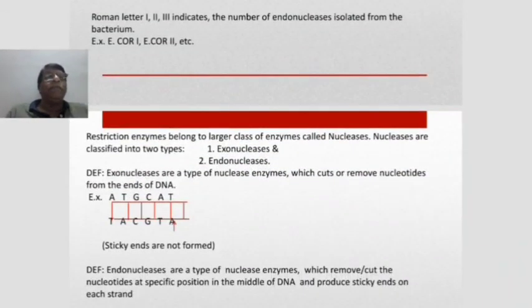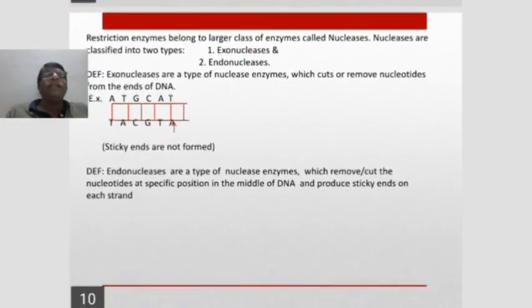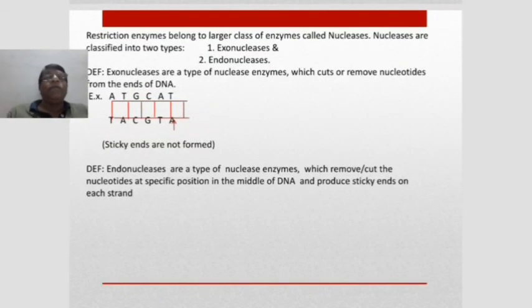Next we shall see how these enzymes function. Functioning of the enzyme is also very, very important. Why do we call them restriction enzymes? Restriction enzymes belong to a larger class of enzymes called nucleases. Nucleases are classified into two types: exonucleases and endonucleases. What are exonucleases?